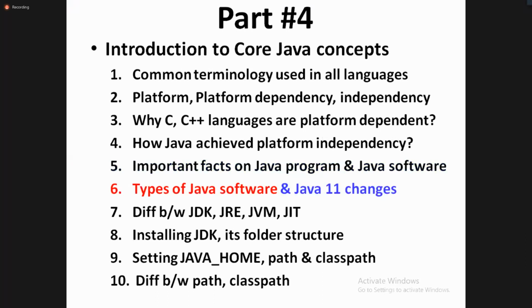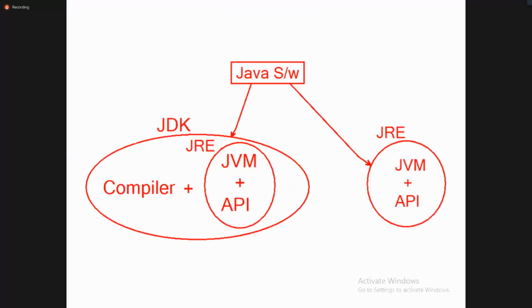Important facts on Java program and Java software completed. Now moving to types of Java software, and the Java 11 changes. Java software has two types, JDK and JRE. If you install JDK, JRE is also installed.